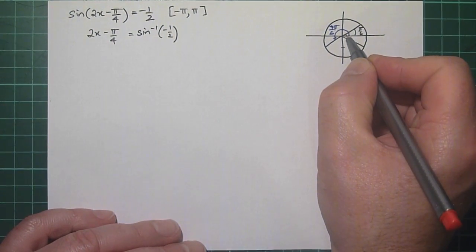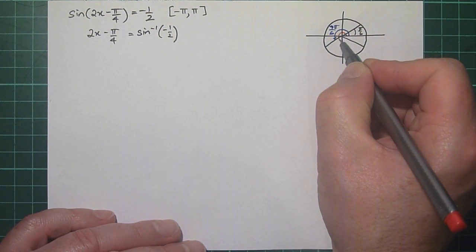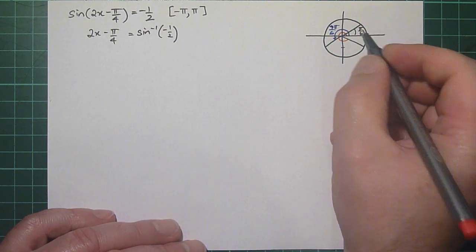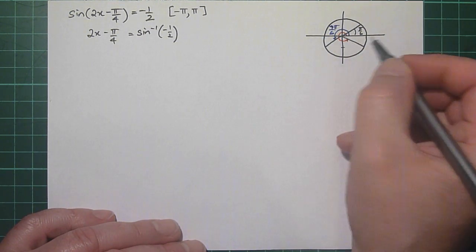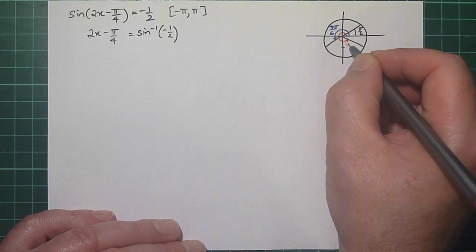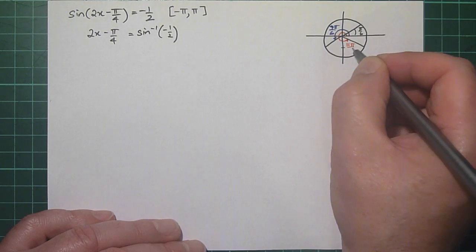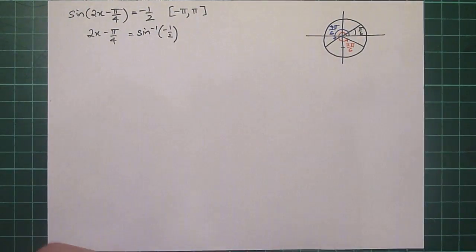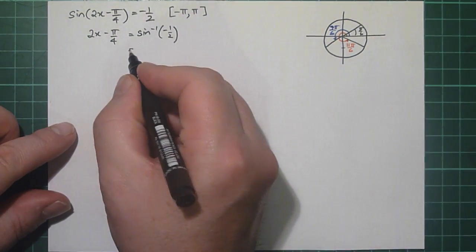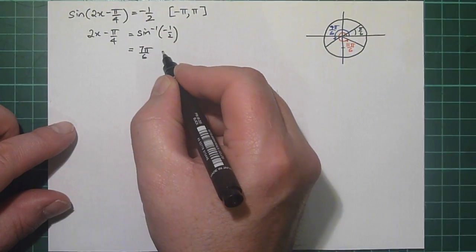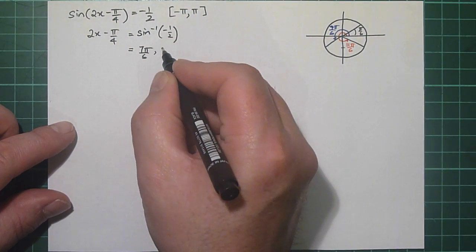If we go around from 0 to the other solution, we're almost all the way around to 2π, but we're back π/6. 2π really is 12π/6, so this solution here is 11π/6. So if we go once around the unit circle, we get solutions of 7π/6 and 11π/6.